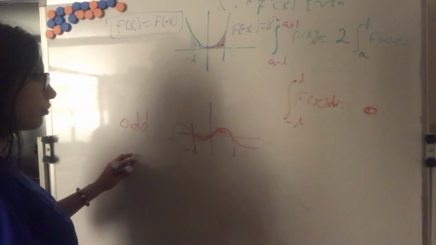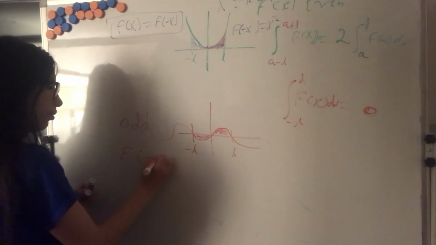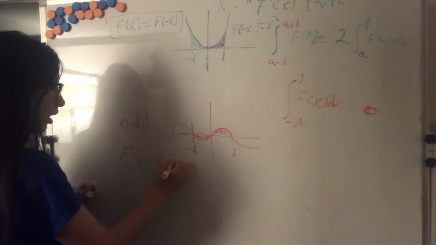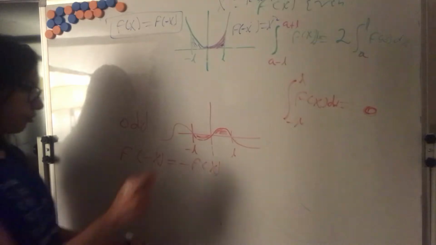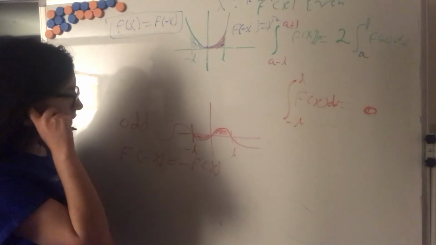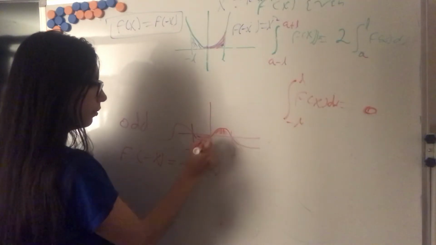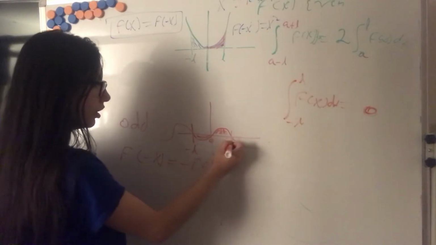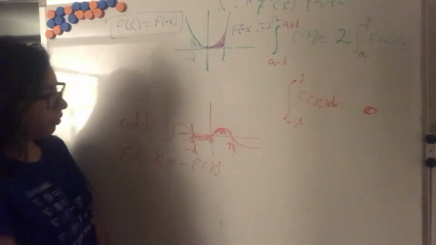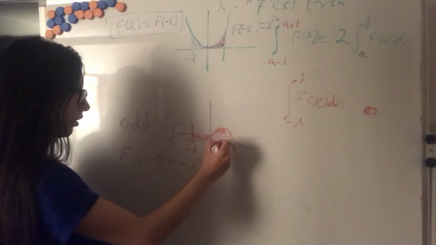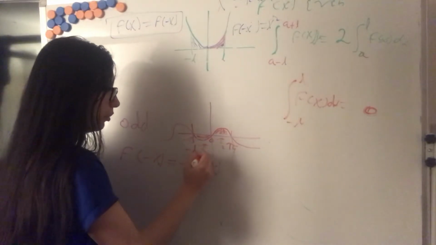Also in an odd function we have that f of minus x is the same as minus f of x. So here, for example, this is 0, this could be pi, this could be negative pi, this could be pi over 2, and this negative pi over 2.